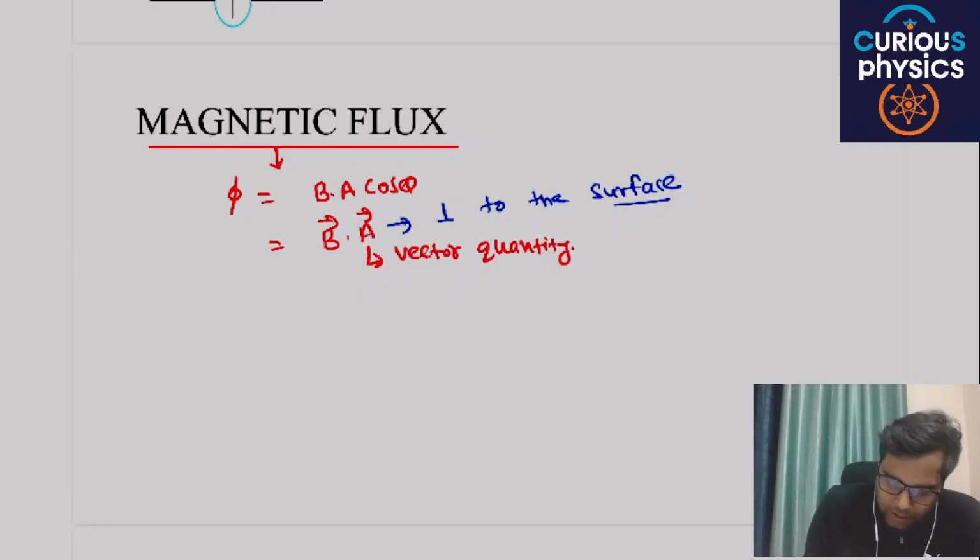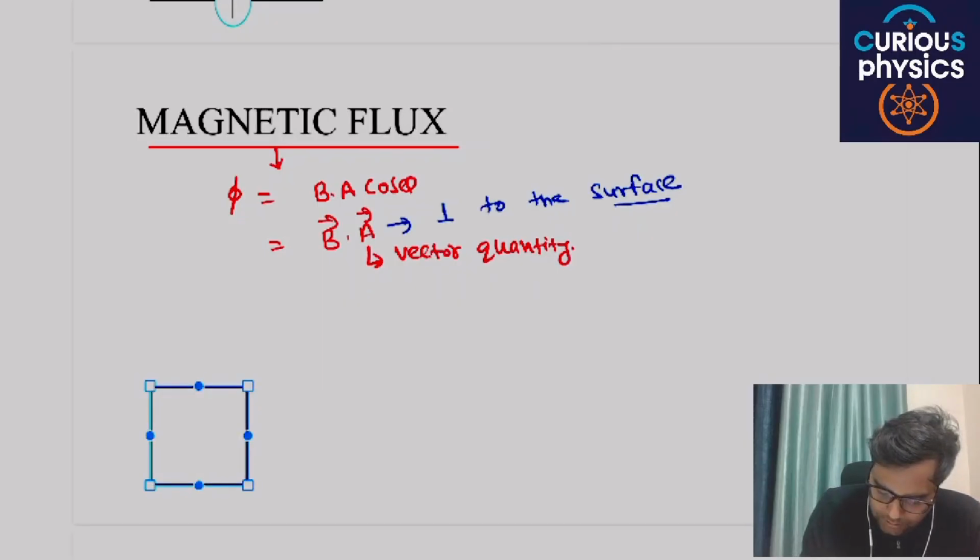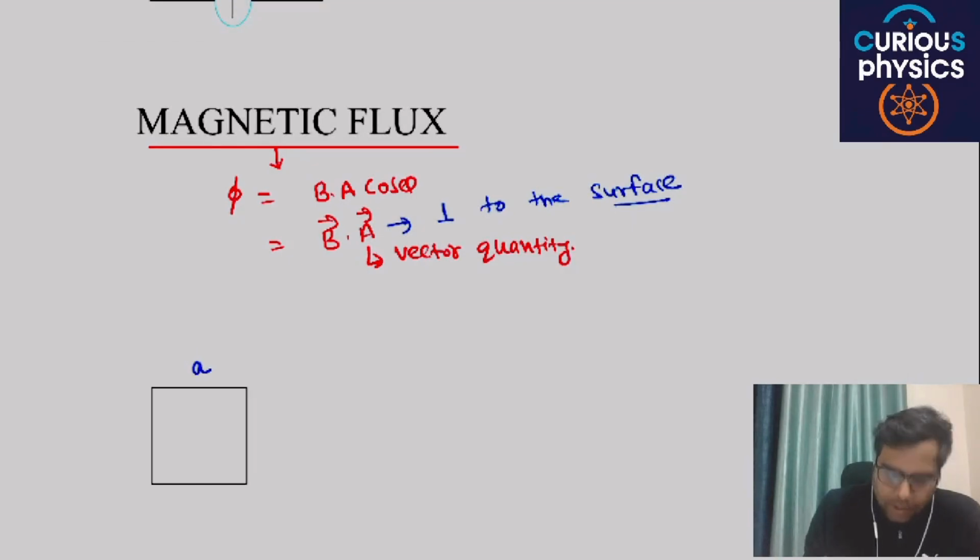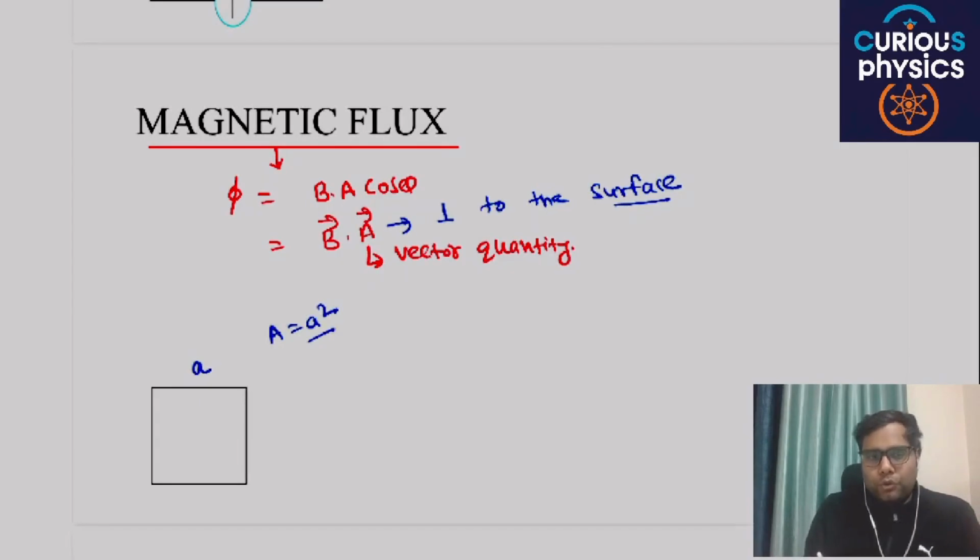For example, let's say this is any square, and A is the side of this particular square, then the value of area will be A square, but it is up to you to choose the direction of this area vector.